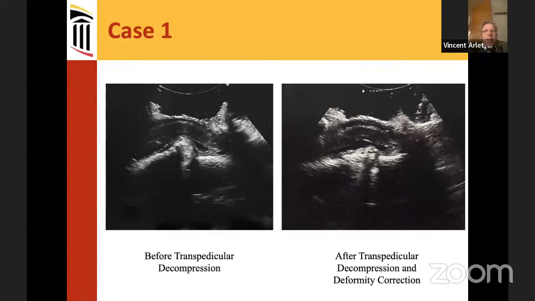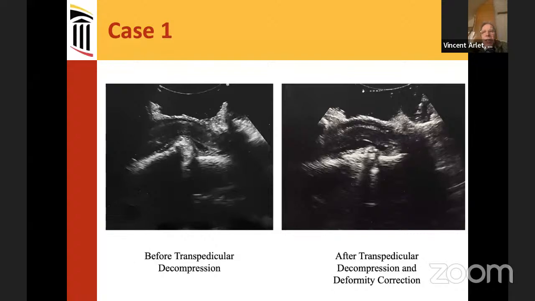It's Harley from Penn. I have a question regarding your choice of anterior reconstruction. What makes you choose between nothing in the front, where you just get a shortening of the vertebral body, cement, like we did in the old days, so we still do it in some cases, and a cage?